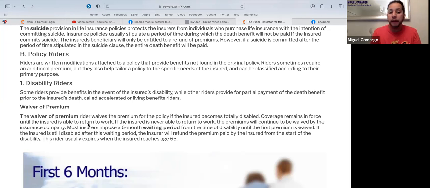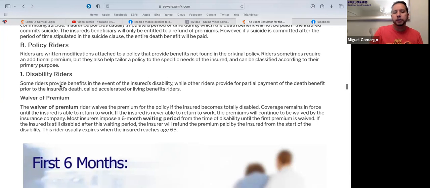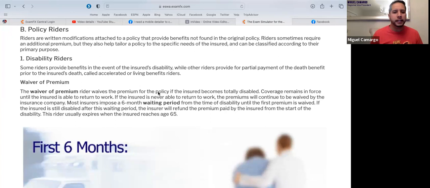They actually do have some benefit to it. There are certain policies that offer these, but disability riders, you're not going to see a lot of that on the exam. But it is good for you to know that some riders provide benefits for the insured's disability, while other riders provide partial payments of the death benefit prior to the insured's death, called accelerated or living benefits. We're going to cover that in a second.